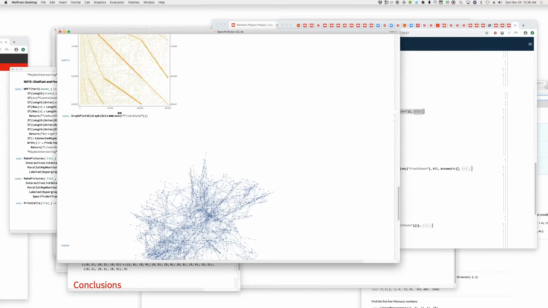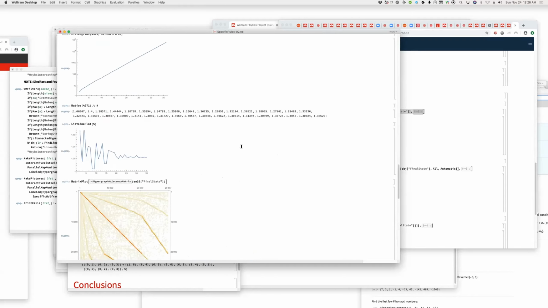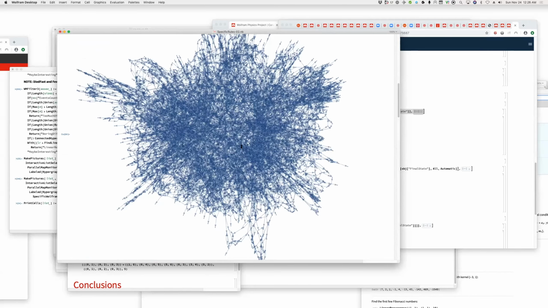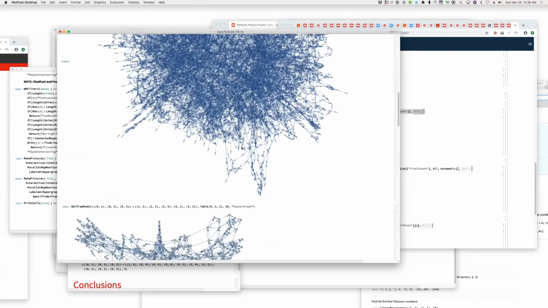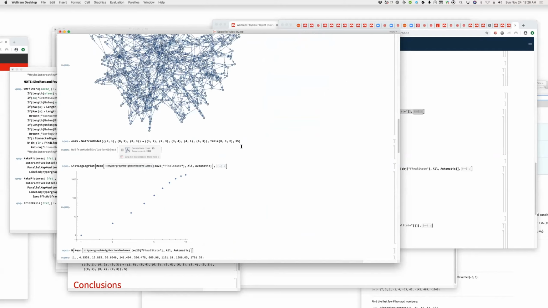All right, I think I can probably... Can we do volumes for the large one? Yes. Where did I have the volumes? Here we go.